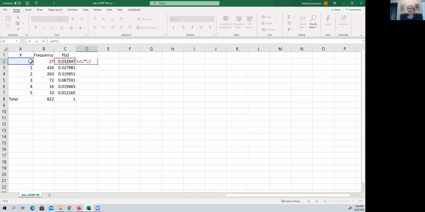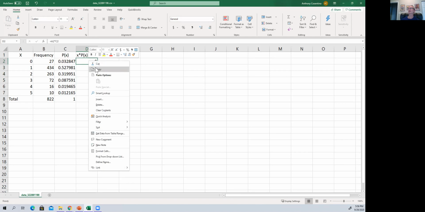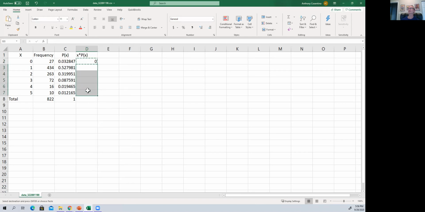So it'd be 0 times 0.03. And again, the beauty of this is you can copy and paste the formulas, and away you go. So fast, so nice. So what is our expected value? Well, it would be the sum of all this. We add all that up. Our expected value of this is 1.56.